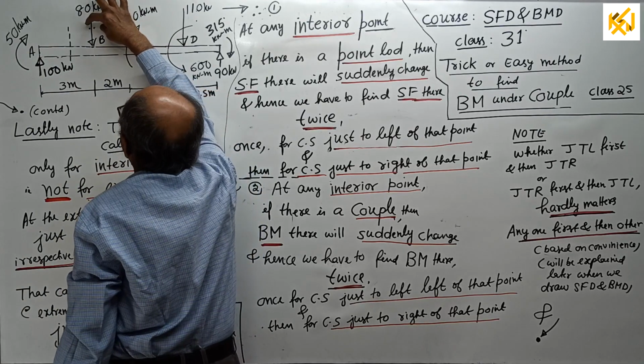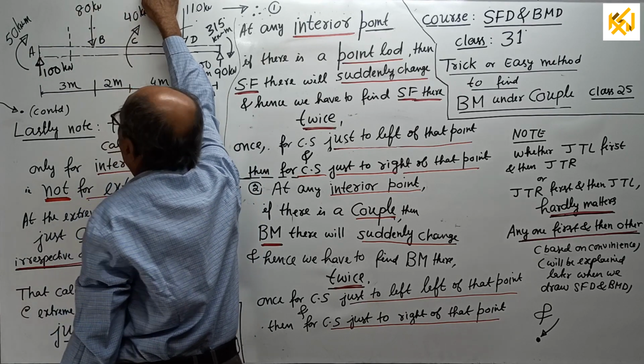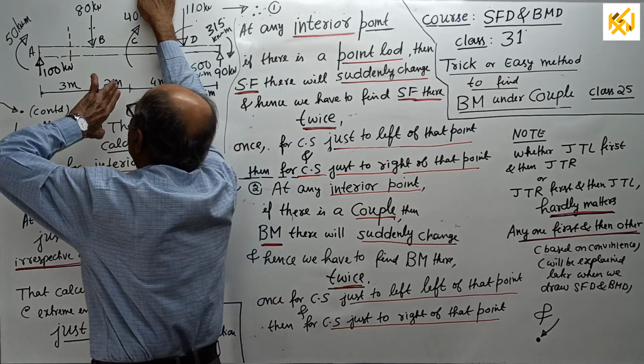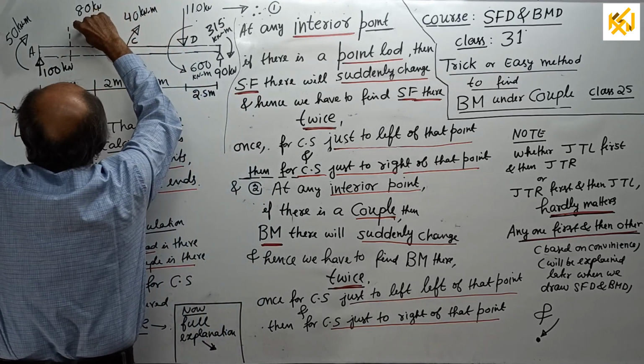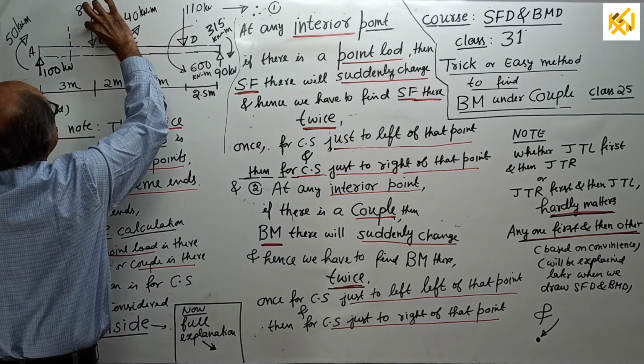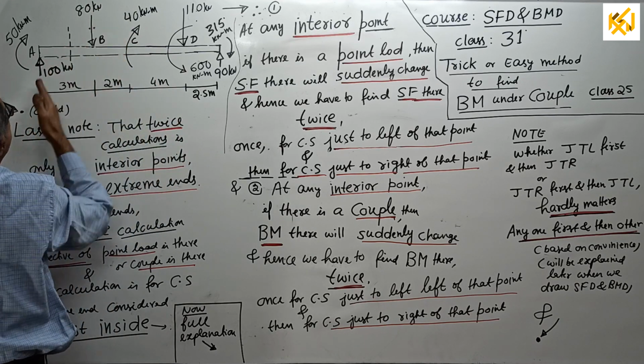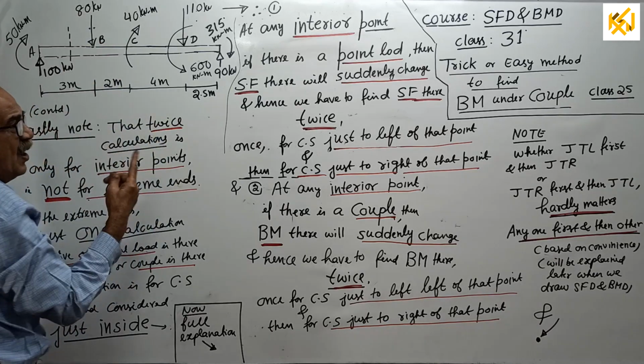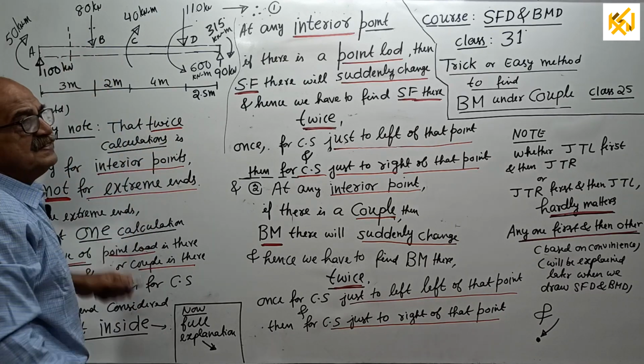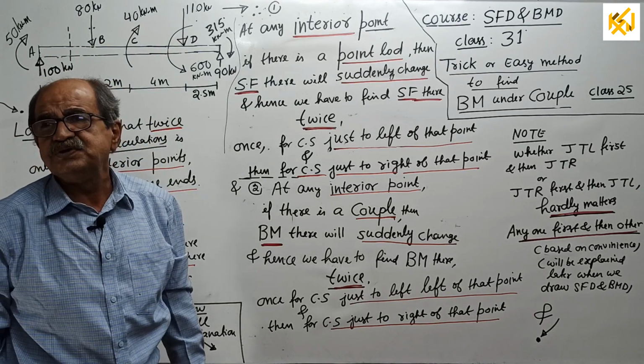Therefore, a little before the 80 kN load, the shear force was only plus 100, but after the 80 kN, over a very small distance, the shear force is plus 100 minus 80. So at B there is a sudden change of shear force.